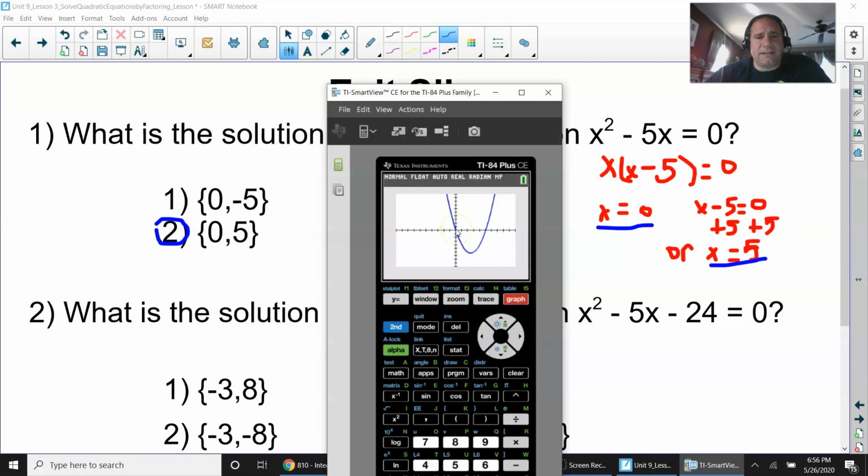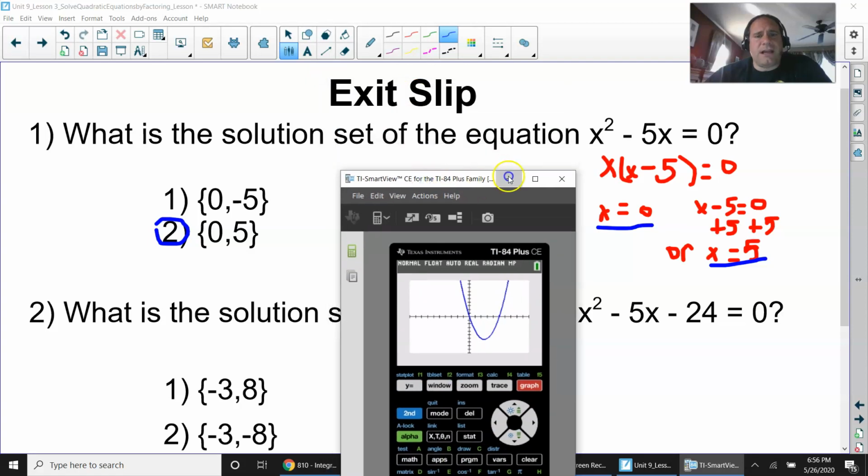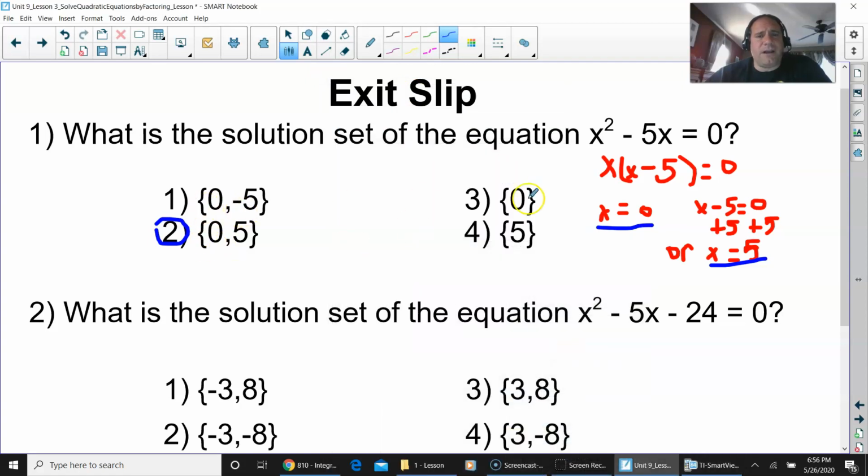It crosses once at 0, 0, and it crosses once here at 5. The other choices are not really close, with 0, negative 5, and just 1 at 0 and just 1 at 5. You really just have to go ahead and graph this and use your graphing calculator.